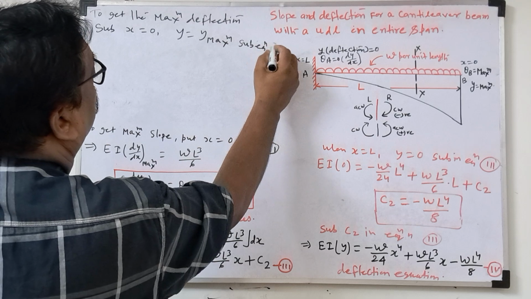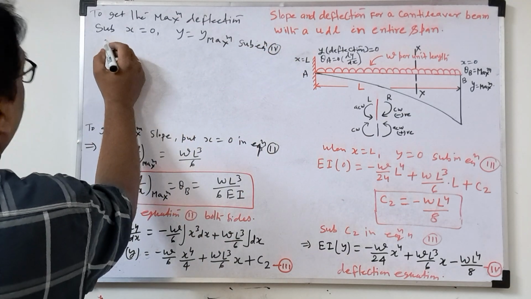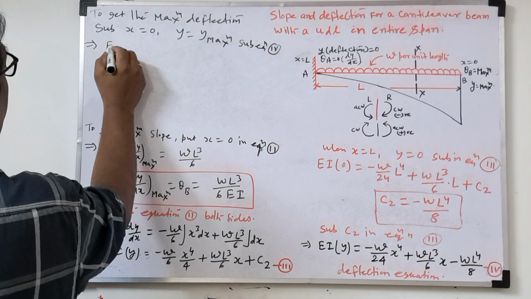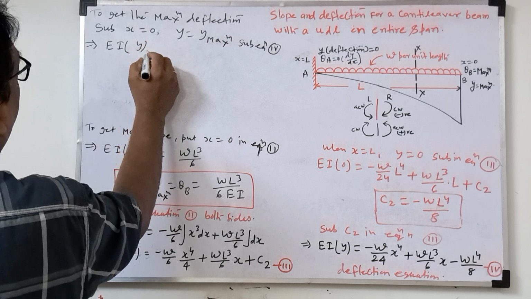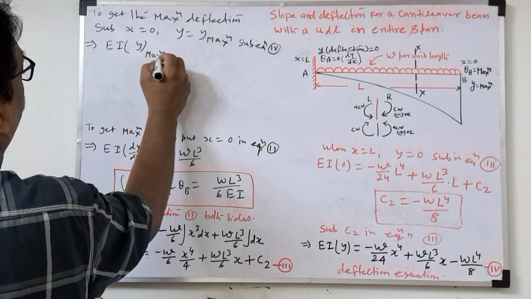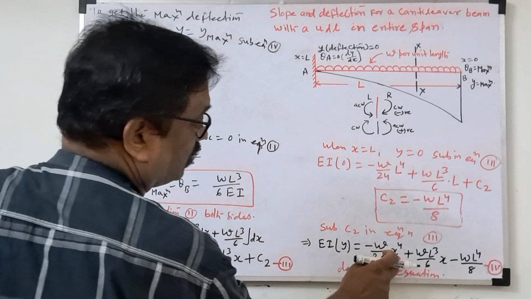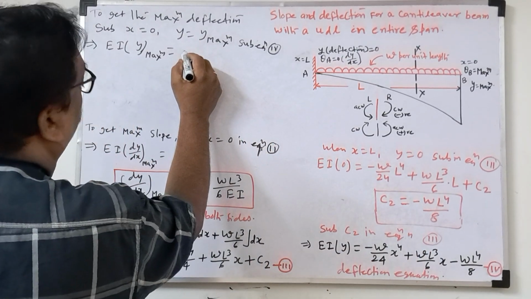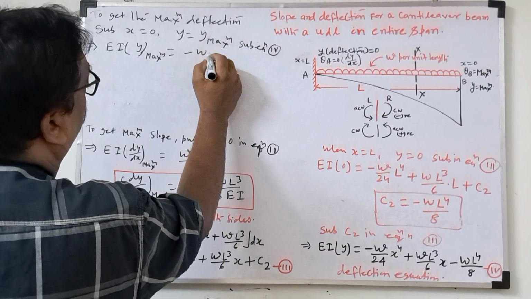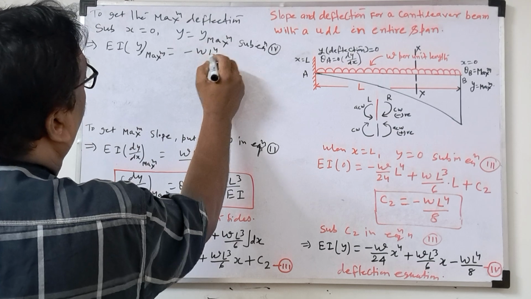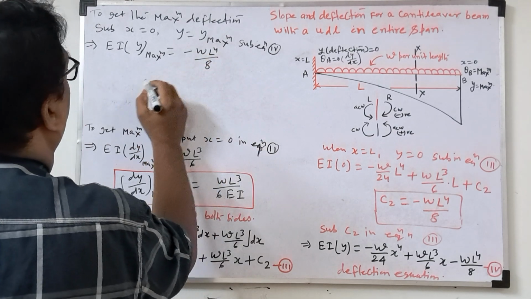EI y maximum, with x equal to 0, finally gives minus W L power 4 by 8.